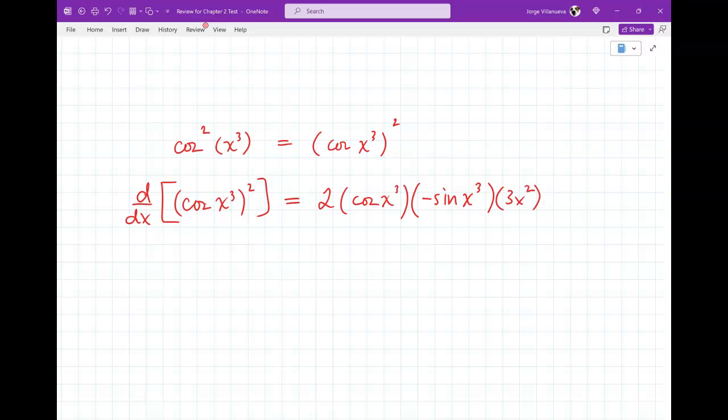Just ask yourself, okay, going in, going in, going in. Okay? There's my whole derivative. Now I just got to put everything together. So it's going to be negative 6x squared sine x cubed cosine of x cubed. I can rewrite that in trig with the trig identity, but I'll just leave it alone. Does that make sense? Okay, outside in.